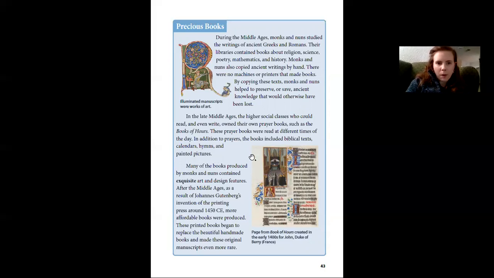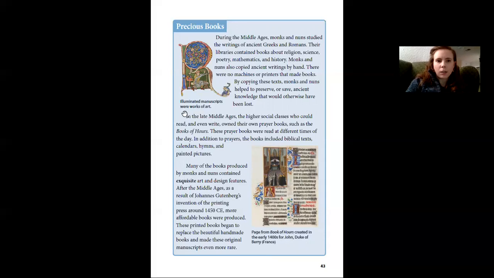Many of the books produced by monks and nuns contained exquisite art and design features. After the Middle Ages, as a result of Johannes Gutenberg's invention of the printing press around 1450 CE, more affordable books were produced. These printed books began to replace the beautiful handmade books and made these original manuscripts even more rare. Here's a page from the Book of Hours, created in the early 1400s for John, Duke of Berry in France.